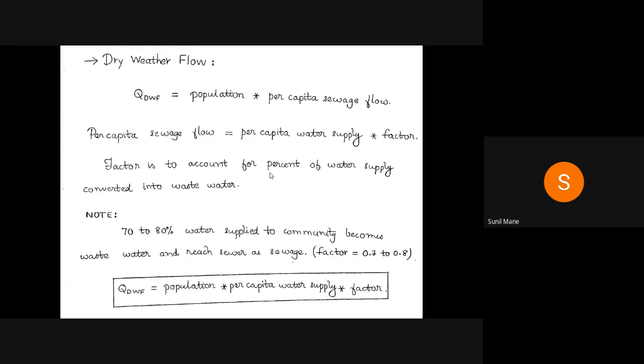We have to estimate what the dry weather flow and the wet weather flow would be, and depending upon the quantity estimation, suggest which kind of system is applicable there, depending also on the topography of that area. All these things we have to take into consideration, then go for the quantity calculation and then the options.